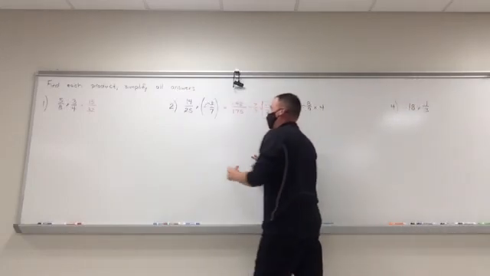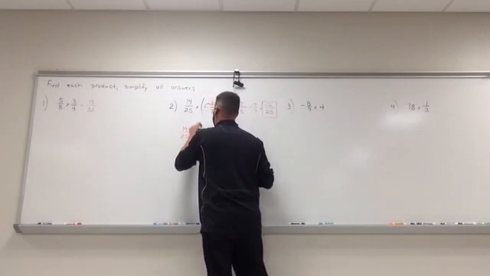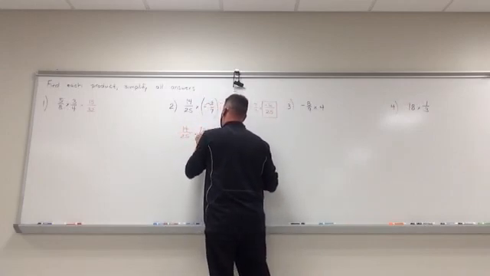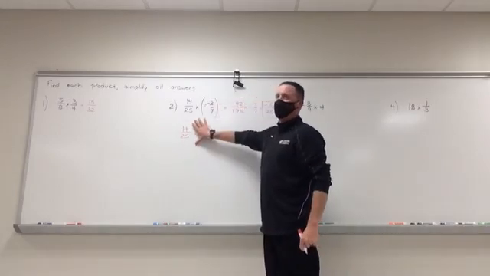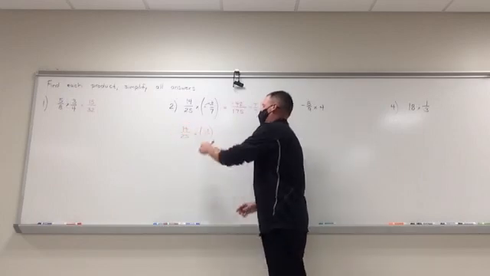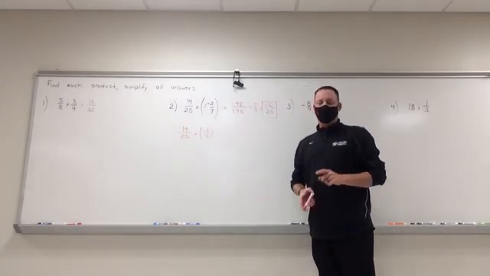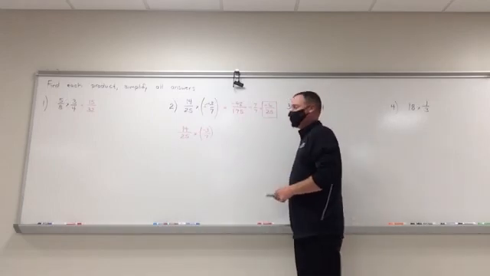Now, if we chose to do this the other way that we talked about, where we'd reduce before we multiply, can I reduce 14 and 25? No. Can I reduce 3 and 7? No. Can I reduce 3 and 25? No. Can I reduce 14 and 7? Yes, they're both divisible by 7.